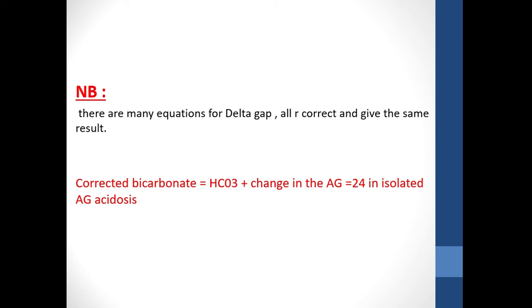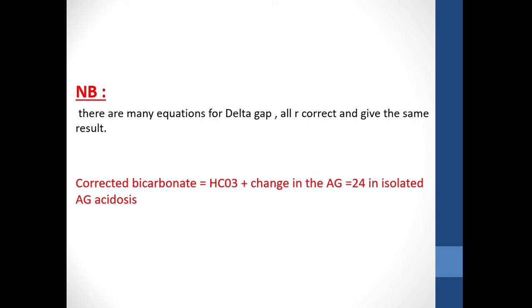Now let's discuss the corrected bicarbonate. Also it is the same idea. It is calculated by the HCO3 of the patient plus the change in the anion gap. Now the patient having metabolic acidosis means that the HCO3 is reduced.